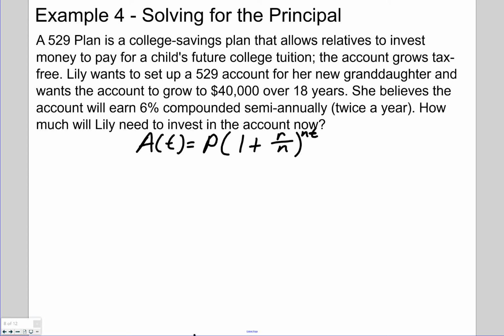She wants it to be worth 40,000. So where am I going to put that, Sylvester? Very good. A of t is going to be 40,000. That's the first thing that we know. What else do we know? The time. How many years does she have? 18. If the baby was born, you got 18 years before they're ready for college. So t is 18.